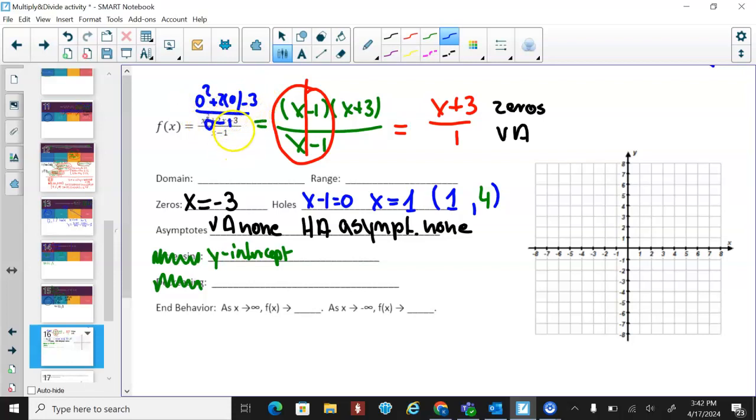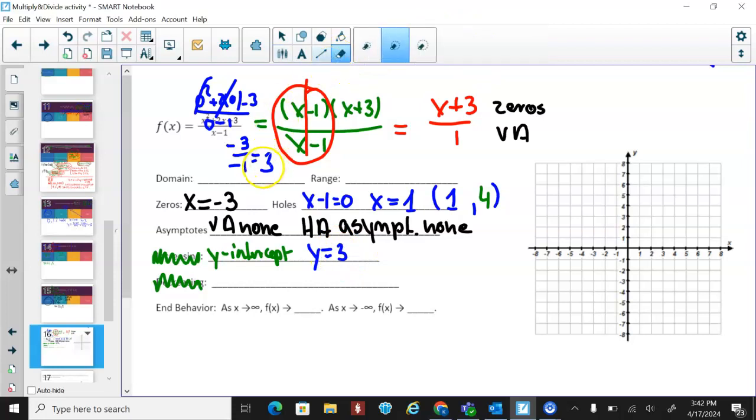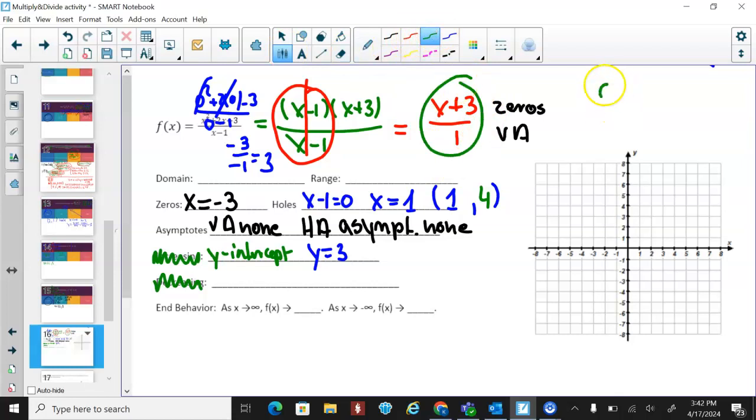So on the bottom, I get -1. On the top, I get -3. So I get -3 over -1, which negatives will cancel. So my y-intercept is 3. I can also use my simplified version right here, this one, and I can plug 0 into here, which is also 3.